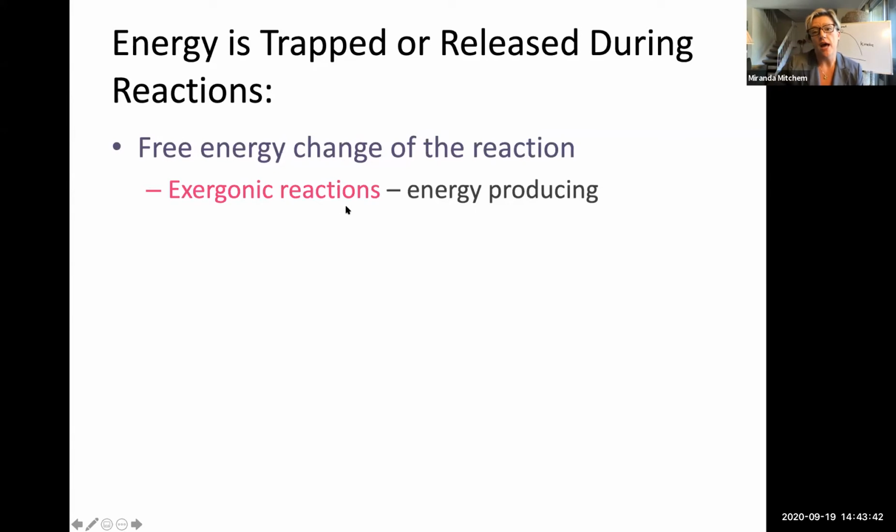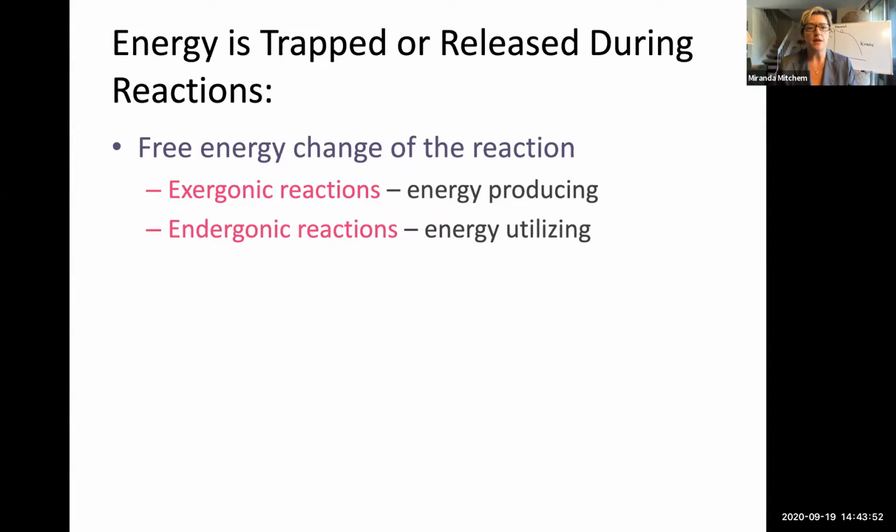Exergonic reactions are chemical reactions that produce energy, so there's energy left over at the end of the chemical reaction. Oppositely, the endergonic reactions need energy. Photosynthesis is a great example of an endergonic reaction, and that needed energy comes from the sun.